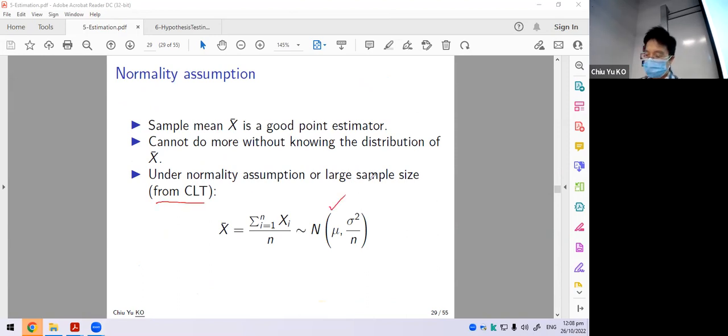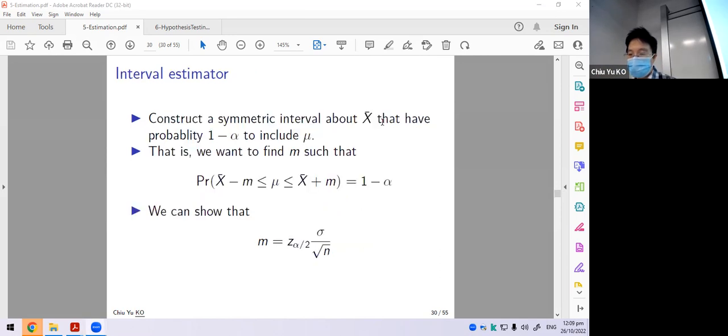So there are two ways to achieve this. Remember, either normality or a very large sample will lead to this. Is that clear? And the goal of what we want to do is to have a symmetric interval based on X bar to include mu.